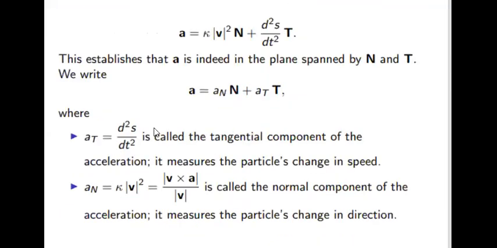So this one here is the tangential component of the acceleration of a particle, if a particle is moving along a certain space curve in 2 or 3 dimensions. And this one is the normal component of the acceleration.